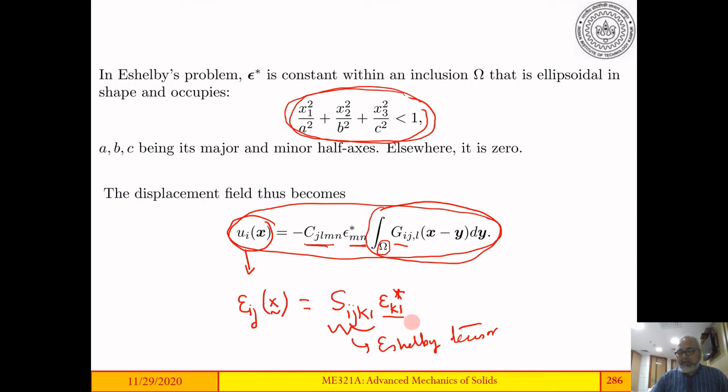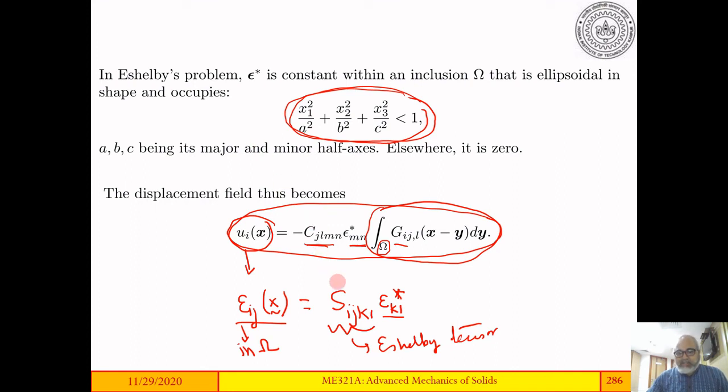Remember, epsilon star is constant within the particle and zero elsewhere, which means that the strain inside the particle is now a constant. So this particle, as long as it is ellipsoidal and is sitting in an elastic matrix, after it has been fitted back into the hole after imparting epsilon star, has a constant strain inside the particle if the particle is ellipsoidal in shape.